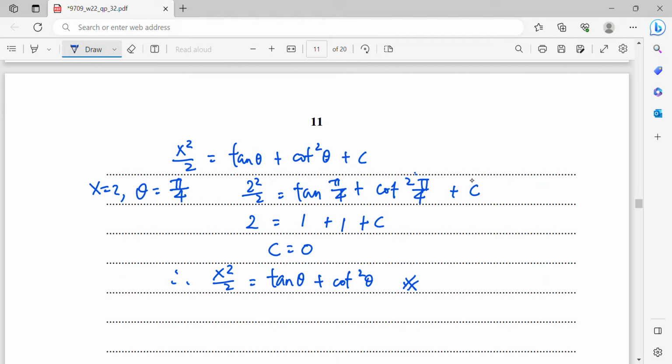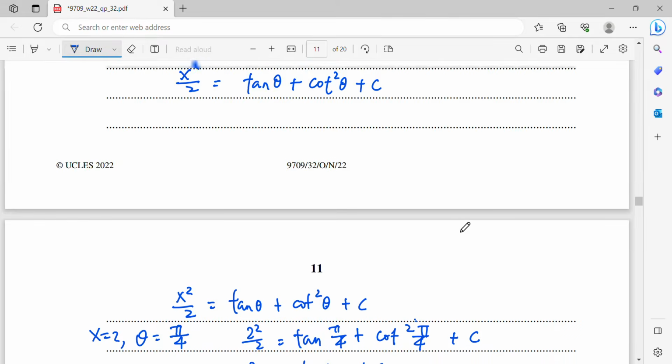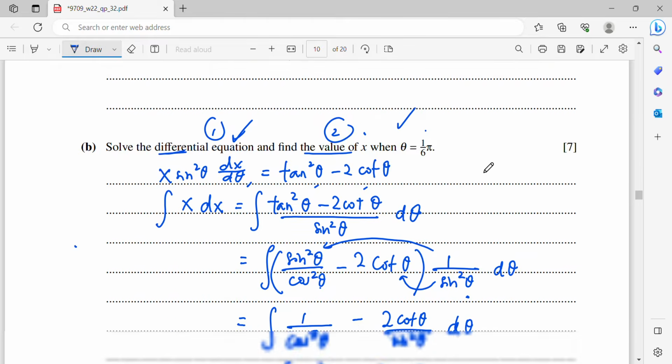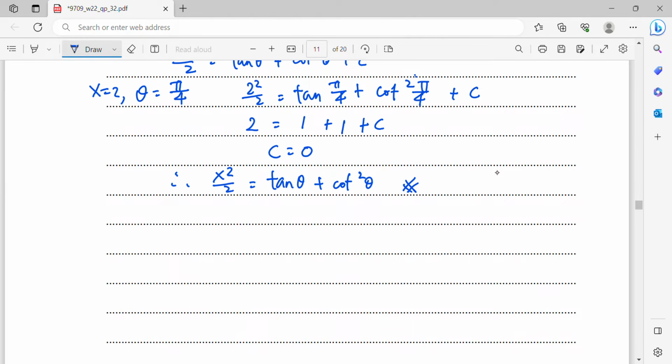Alright, this is the solution of the differential equation. So now with this solution, we need to answer the second part, which is find the x when the theta is pi over 6. So when theta equals pi over 6, x squared over 2 is tangent pi over 6 plus cotangent squared of pi over 6.